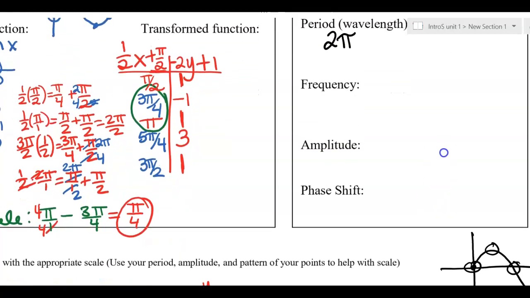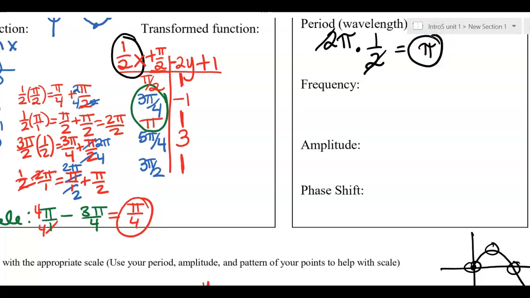And look at how you measured things on the graph right here. Okay, you took the x values, you took the horizontal distances, and they were adjusted by being multiplied by 1/2. Then the same thing is happening to your period. If all the distances have been multiplied by 1/2, the same thing's happening to how long the wave is. So it used to be 2 pi, you're going to multiply it by 1/2. Those 2's will cancel out, and the period of this graph should be pi.